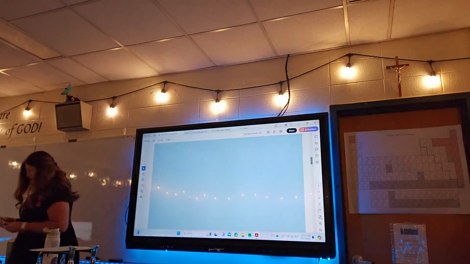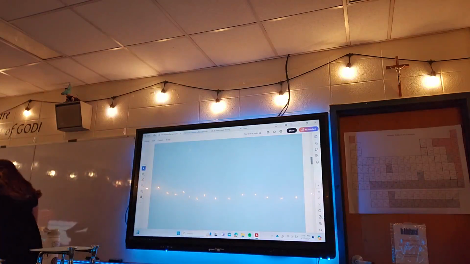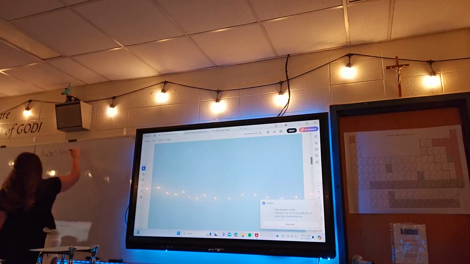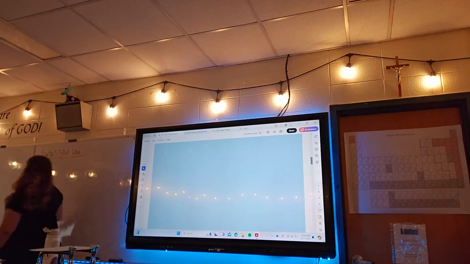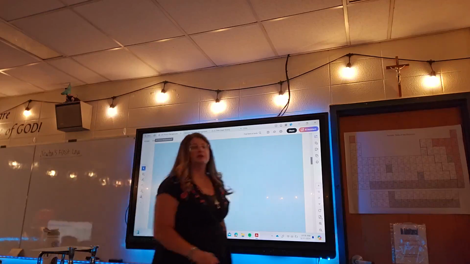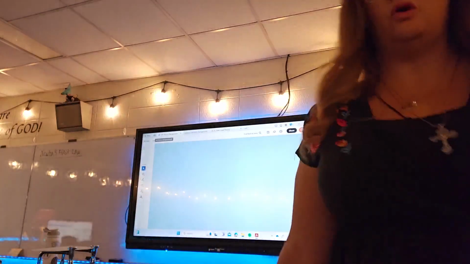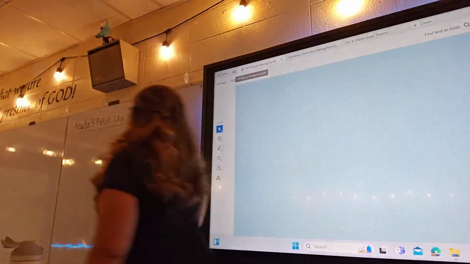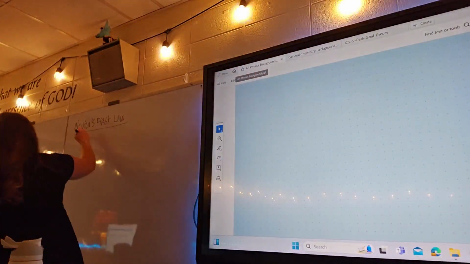All right. So, do you remember from little school land, Newton's first law? Is that like where an object in motion will stay in motion? That is the first law. Okay. So objects in motion or at rest tend to stay in motion or at rest unless acted on by a net force.